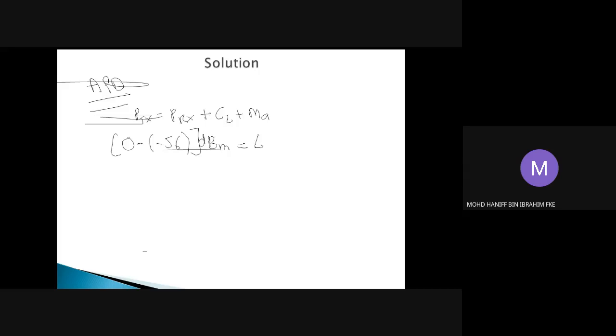So we have 4 dB per km, the attenuation for the fiber, times 5 kilometers, plus 11 connectors multiplied by 2 dB per connector loss, plus 6 dB for the system margin.